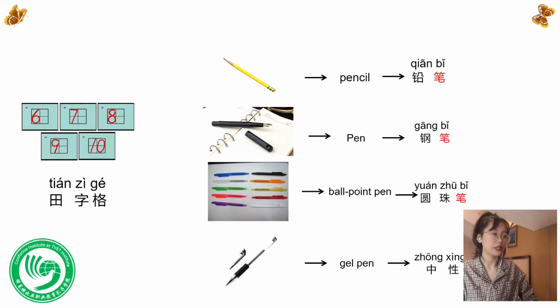So in some situations, you will not mention the specific one. If you say, may I have a pen? You could say 笔. You don't need to say pen or pencil or ballpoint pen. You just say 笔, and people will know.